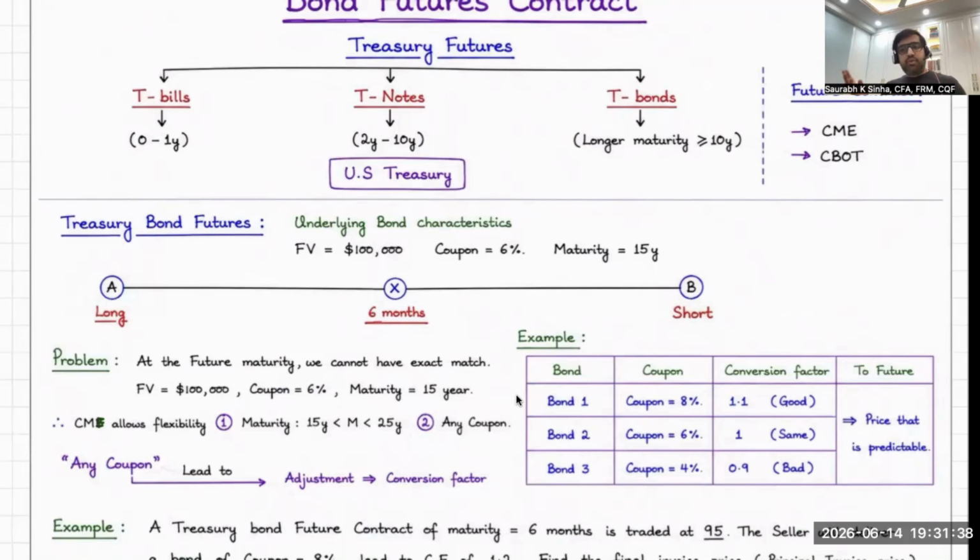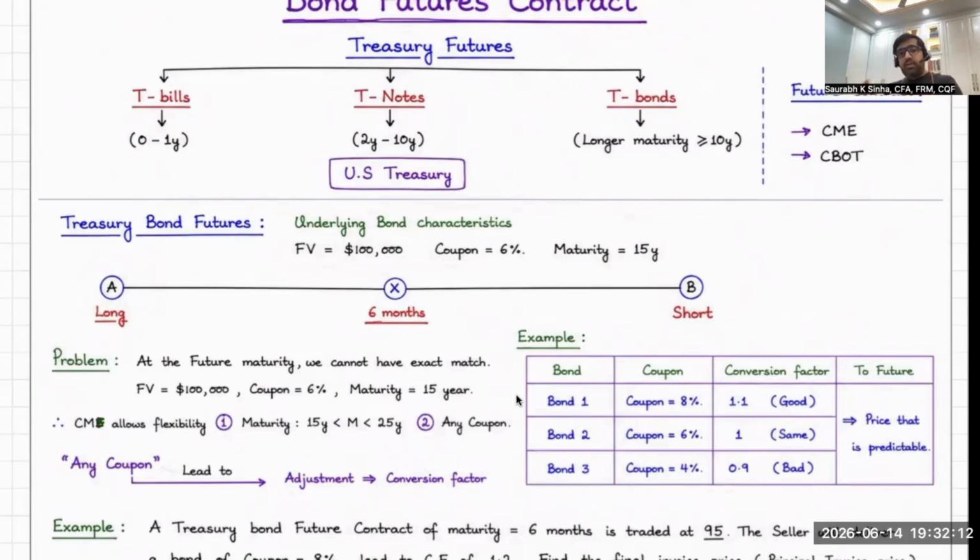That underlying asset is a bond which has the following characteristics: the face value is $100,000, coupon 6%, and maturity exactly equal to 15 year.